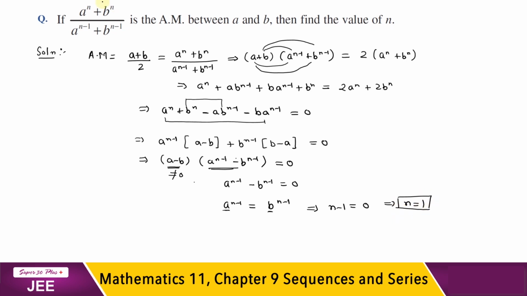So for this expression to be the arithmetic mean between a and b, the value of n is 1. One can easily verify that when n is equal to 1, the numerator becomes a + b and the denominator becomes 2. So LHS is equal to RHS at n equals 1.